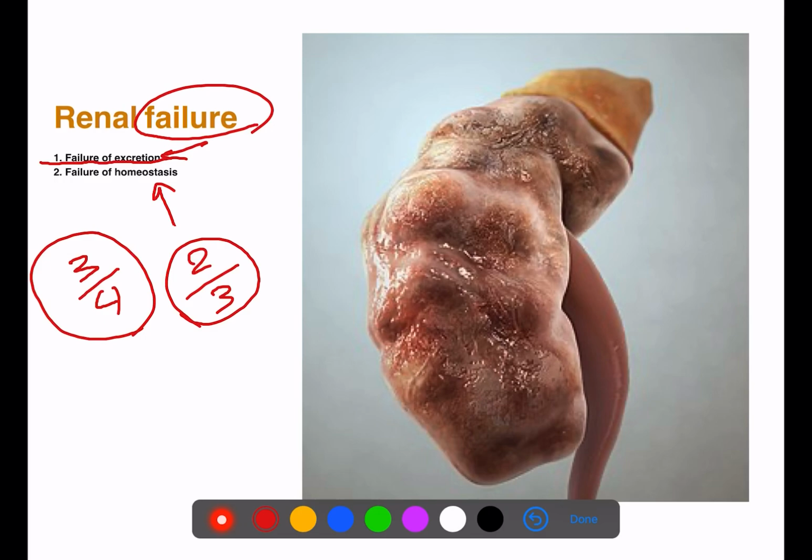Azotemia is classified according to the site of the cause: pre-renal azotemia, renal azotemia, and lastly post-renal azotemia. Pre-renal azotemia occurs due to, as we mentioned before, heart failure, a blood problem, anemia, hemorrhage, shock, or bleeding.